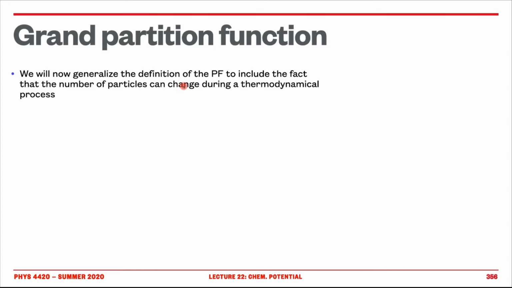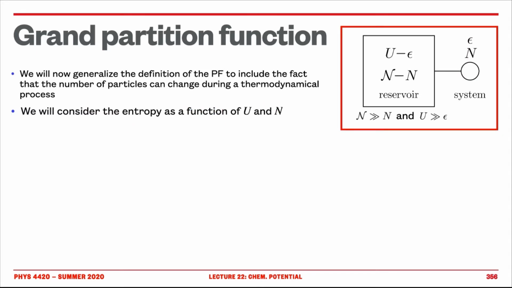So we will generalize the definition of the partition function, and this is what we are going to do here. Let's try to consider the entropy as a function of U and N. Bear with me here because there are a couple of subtleties. But before we embark on the math, let's try to understand what we're trying to solve. This is very similar to what we discussed when we did the Boltzmann factor. The difference is that I have a system here that has a given energy epsilon and n particles.